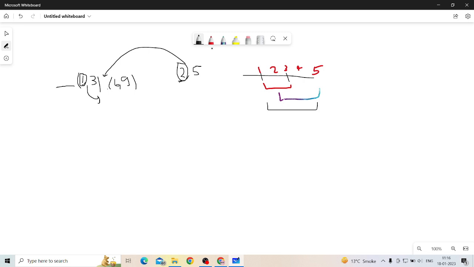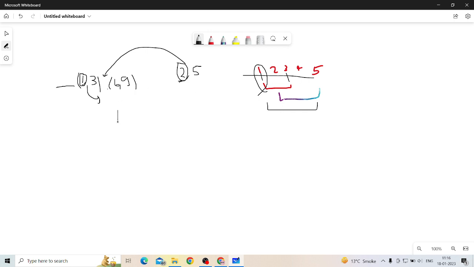How have we merged them? We have merged them by comparing start_i with start_i. Whichever is starting from the smaller number, starting first, we take its start.